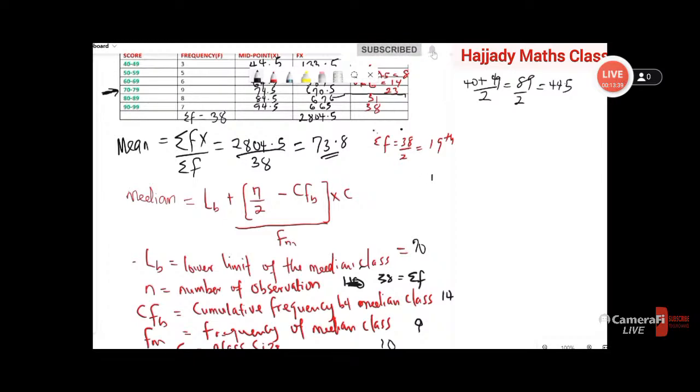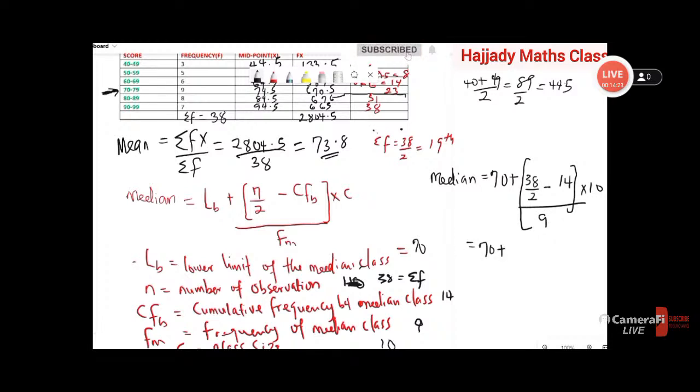So coming down here, we have that our median will now be equal to our lower limit, which is 70. We can decide to use boundary if you like instead of using limit. In bracket n over 2, our n, the number of observation, which is 38 over 2, minus the cumulative frequency before the median class, which is 14, we have this closed, times our class size, which is 10, everything over the frequency of the median class, which is found to be 9.